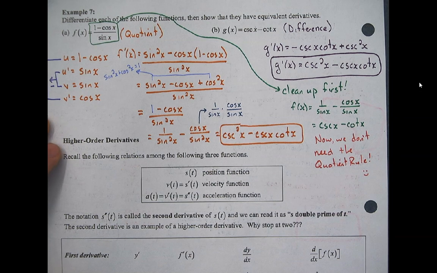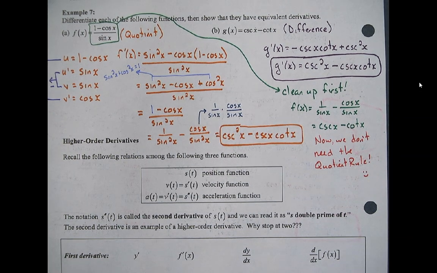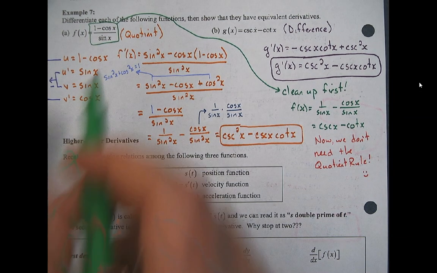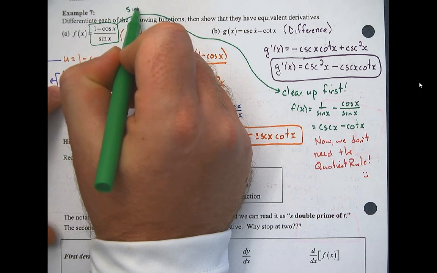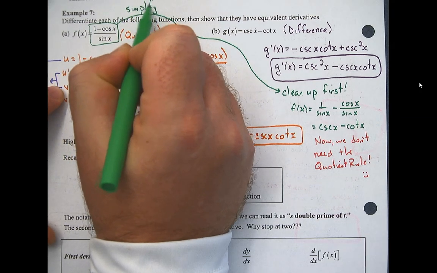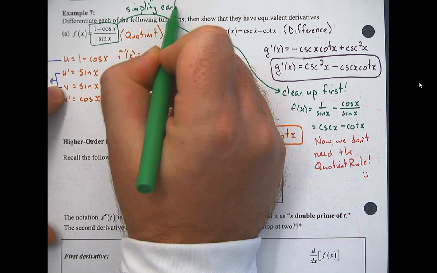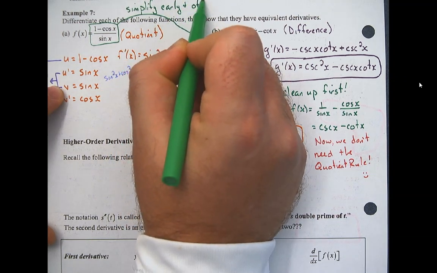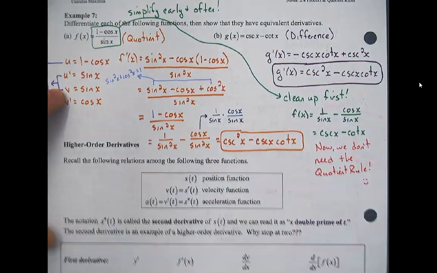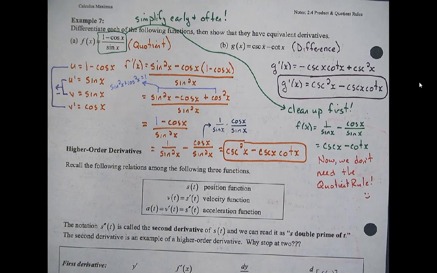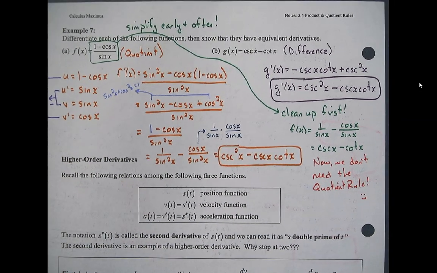If I can avoid the quotient rule, I can. Simplify early and often. Well, you might say, how would I have thought to do that? I get it. You wouldn't have. That's why I showed you. So now maybe you can take my advice the same way I learned about it when somebody showed me how to do it, and then I tried to remember it from there.